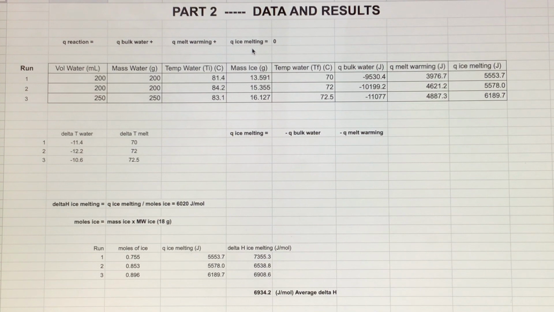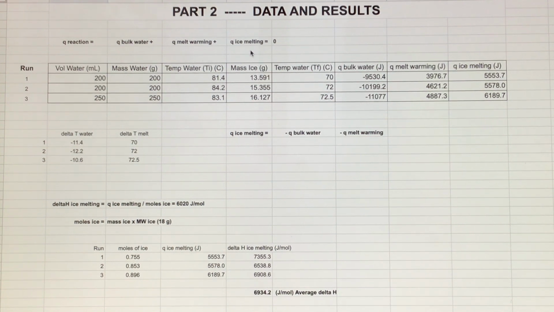Okay, so let's think about something. While I can directly measure these two, I cannot measure these. There is something else that I can't measure directly, which is the initial temperature of the melt, because it's mixed with my hot water.